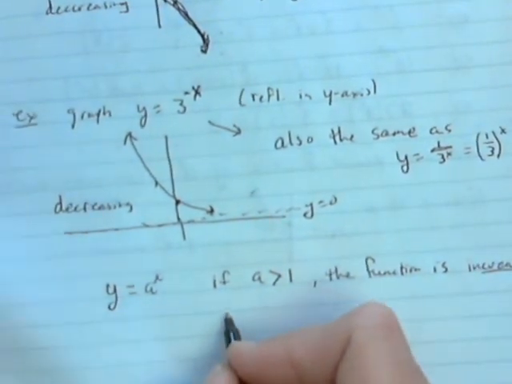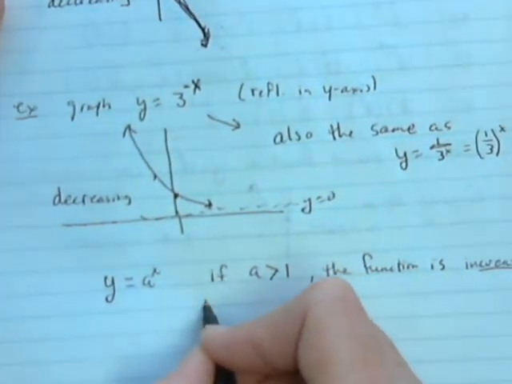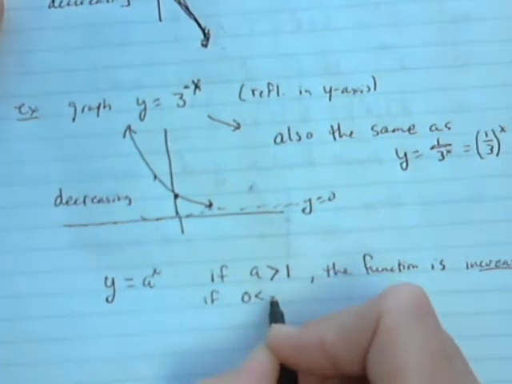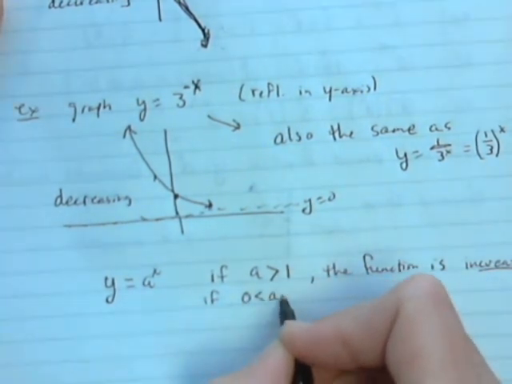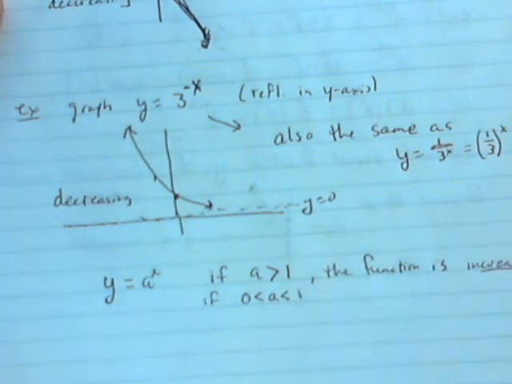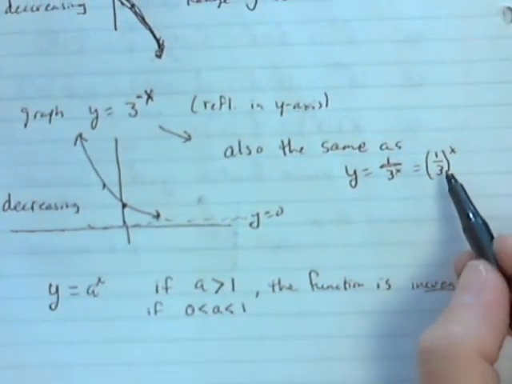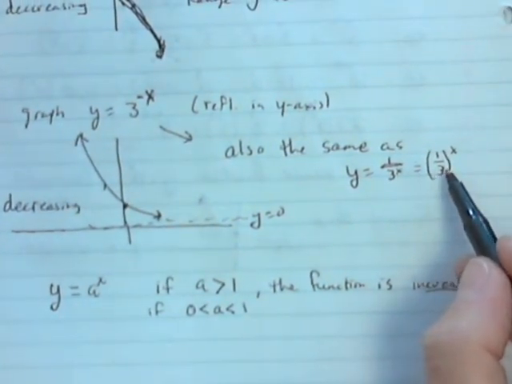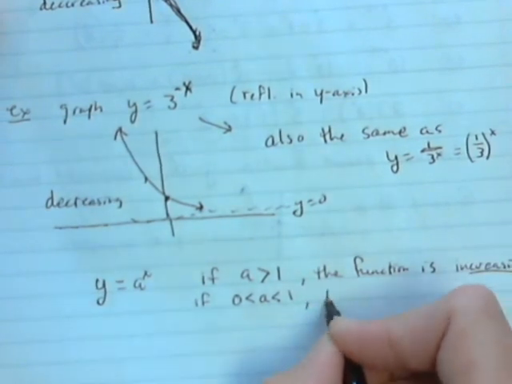And on the other hand, if a is between 0 and 1, a's got to be greater than 0. But if it's in between 0 and 1, like in this example right here, a was 1/3, between 0 and 1, the function is decreasing.